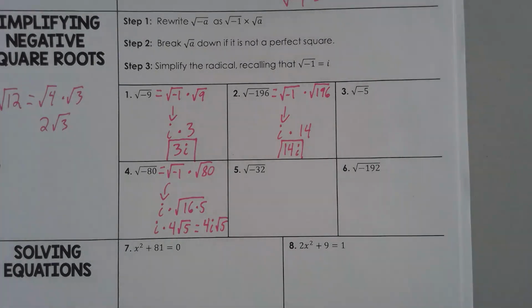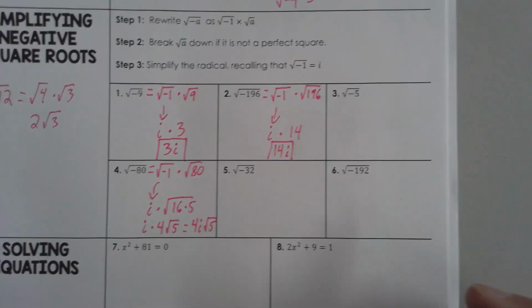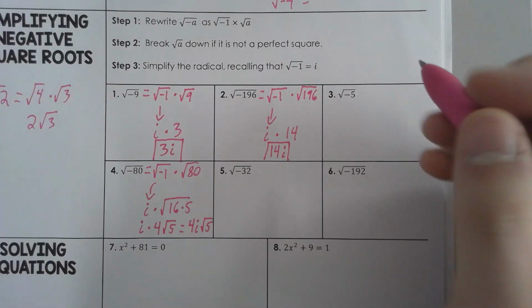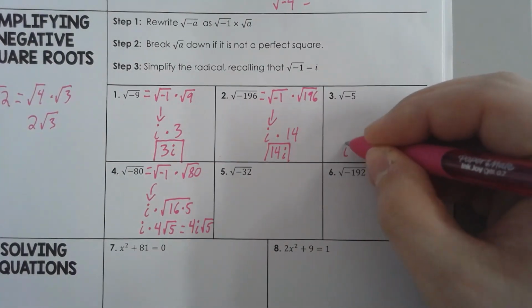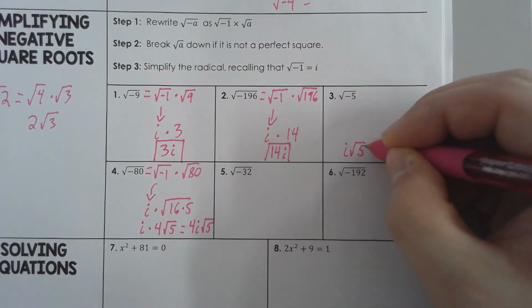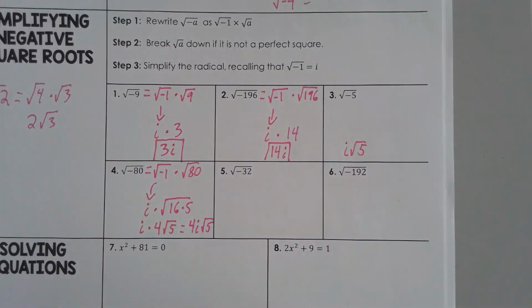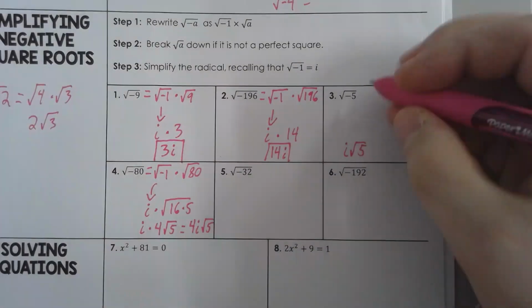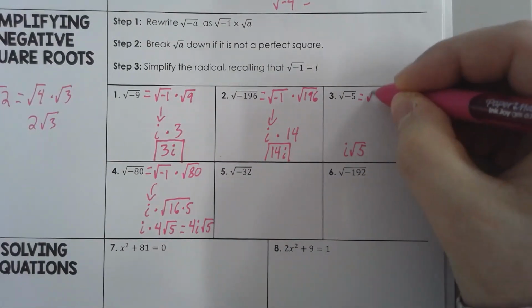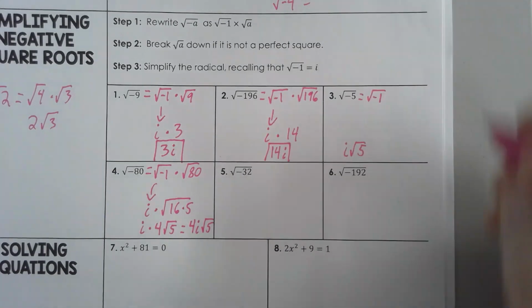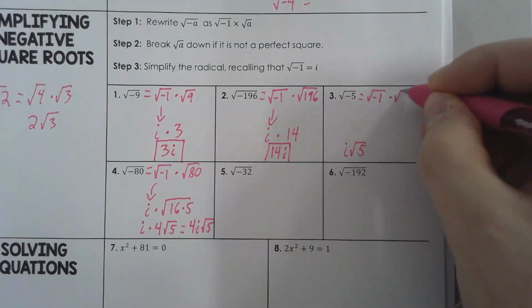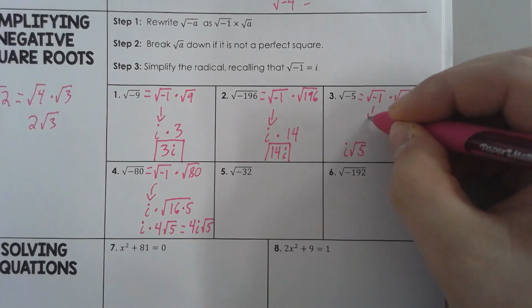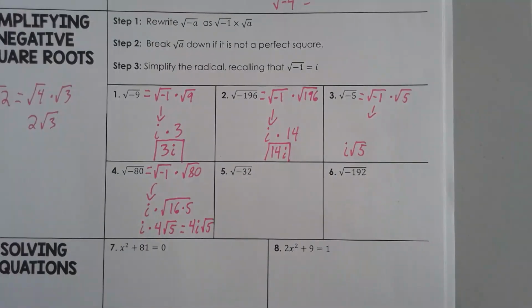Katie, did you get number 3? What did you get? I square root of 5. Okay, that's correct. How did you get there? Square root of -5 is equal to square root of -1 times the square root of 5. And the only thing you can square root that 5 by is 1.